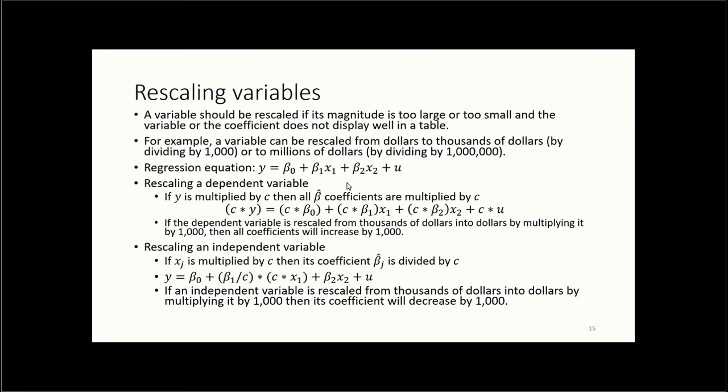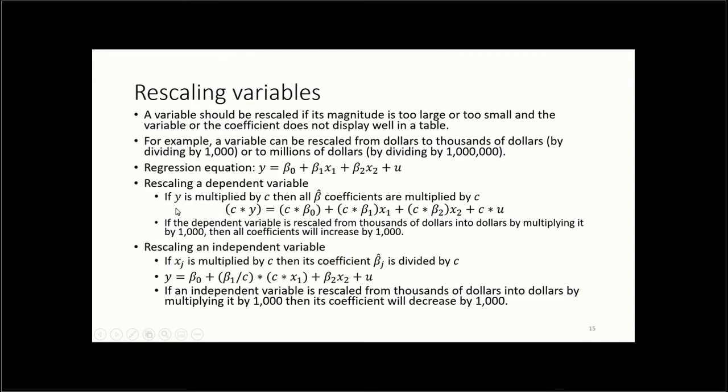For example, a variable can be rescaled from dollars to thousands of dollars by dividing by 1,000, and to rescale from dollars to millions of dollars, we would divide the variable by 1 million. Let's say we have the regression equation here, and we want to rescale the dependent variable.